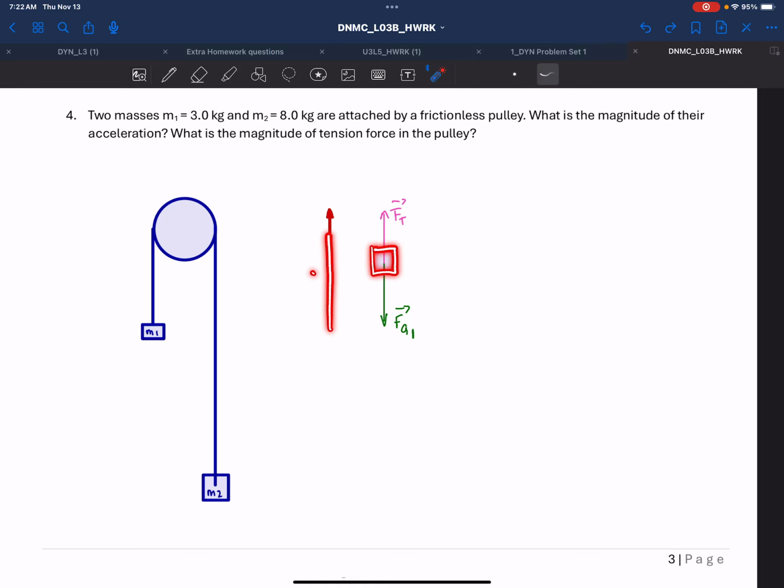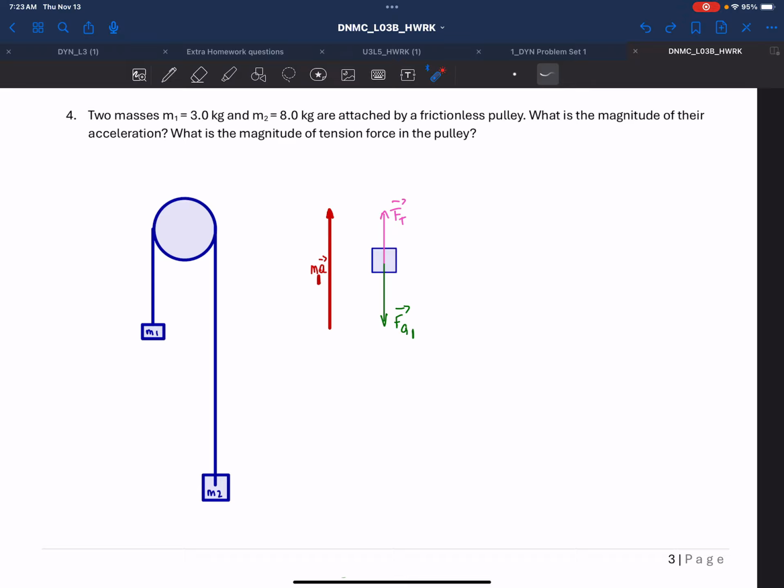And the way we measure that net force is M1A. So M1A will be the force that will bring the mass up.